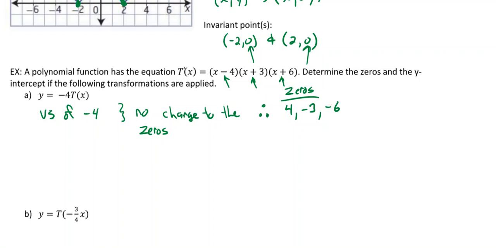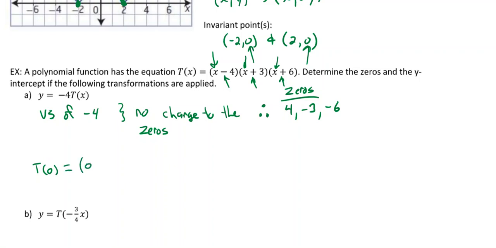Remember, if I want to find the y-intercept, all I'm going to do is throw zeros in for x. That's really going to end up being -4 times 3 times 6. So let's define that. We'll say t of 0, instead of t of x, is equal to, and then I'll put zeros in for all of those.